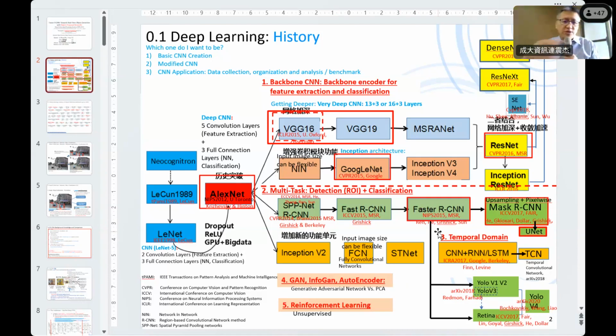I will explain to you later. The mask one can be changed to be the same as the UNet. So UNet is modified from Faster RCNN, and all of them are auto-encoders. And auto-encoders, later on we apply to the GAN. We apply them to different kinds of applications.